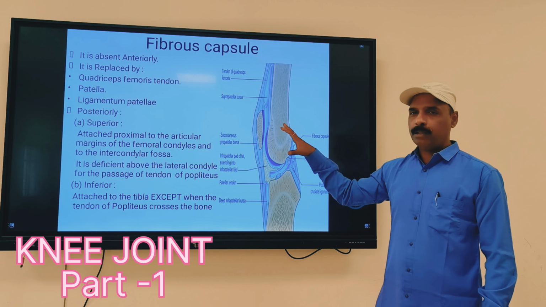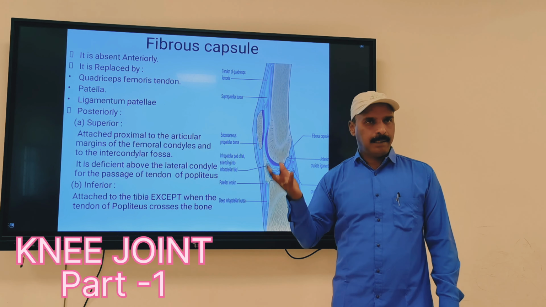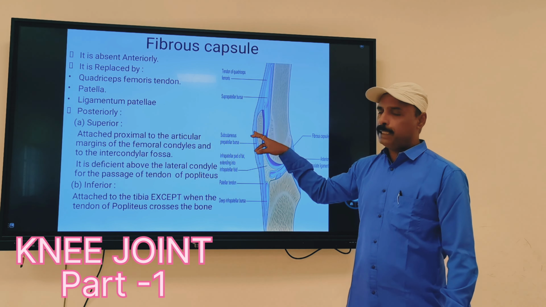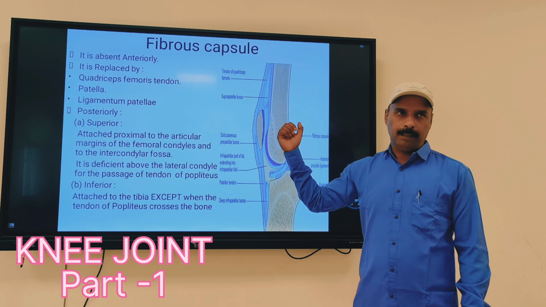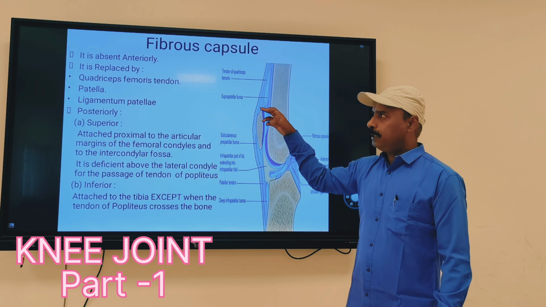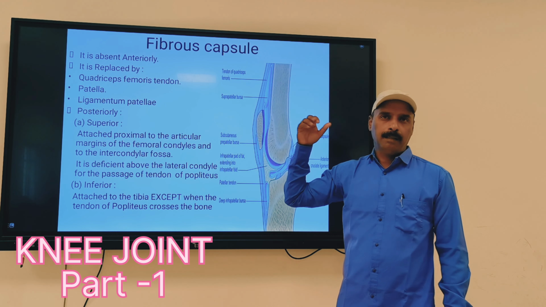Means all 4 tendons of the muscles of the front of the thigh, vastus medialis, lateralis, intermedius, and rectus femoris, are replacing this capsule anteriorly. So it is very important to remember that the fibrous capsule is absent anteriorly, replaced by the patella and quadriceps femoris muscle. You are going to get the ligamentum patellae. Then what about posteriorly? Posteriorly, it is attached on the femoral side to the margins of the condyles and the intercondylar fossa.